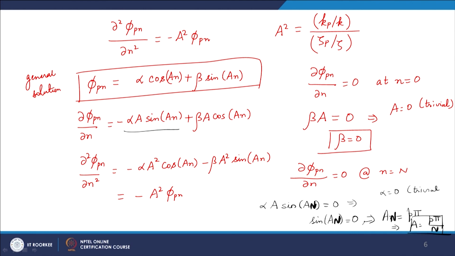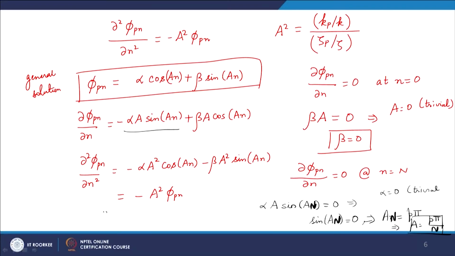So, using that, now I have the solution for this equation. That means, now we have the basis function phi_p(n), and the basis function in our case is this. Now, the only issue is we do not know what alpha is.